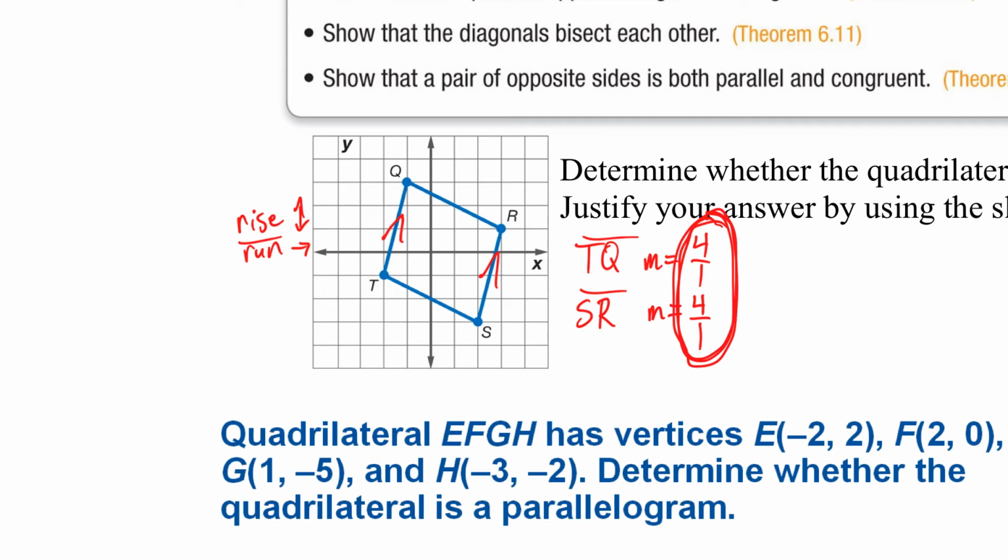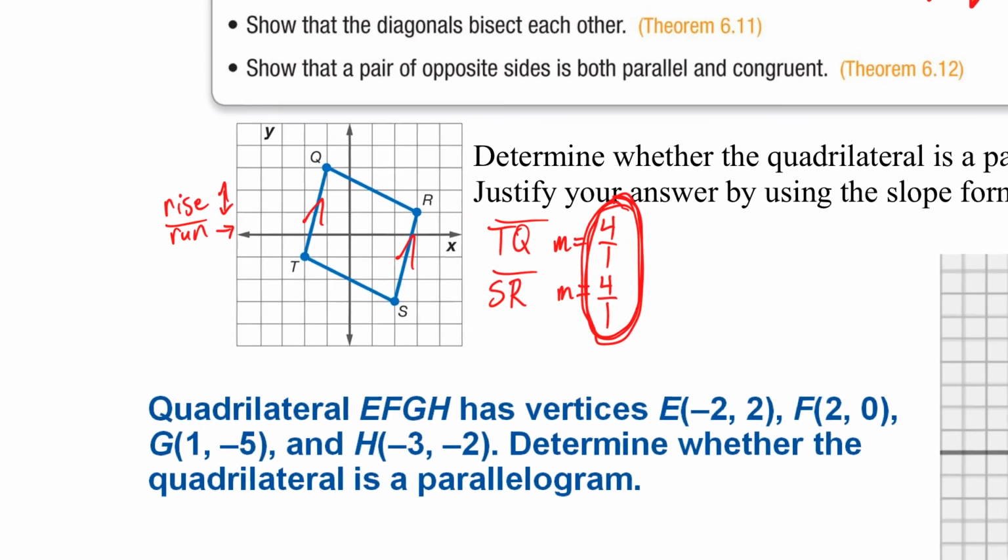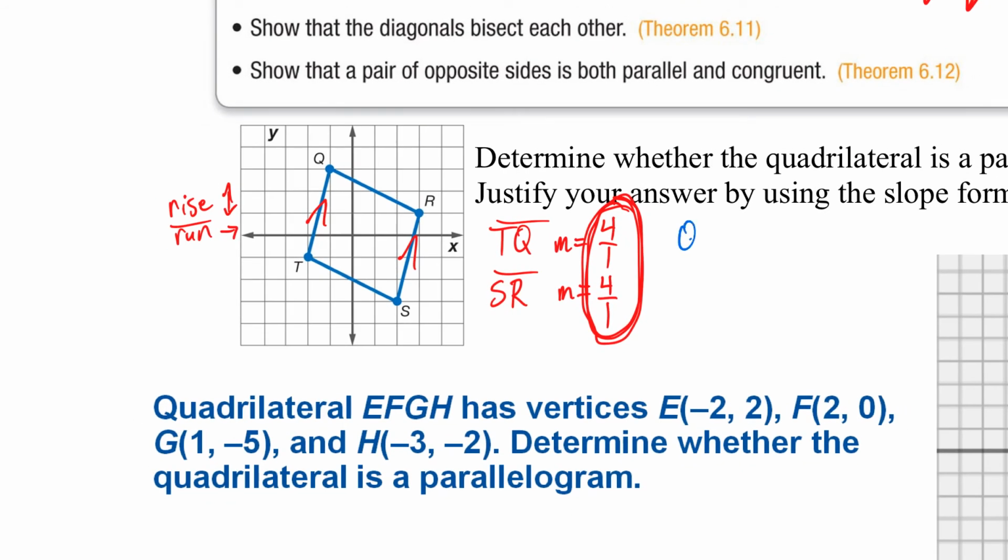Now, it's not good enough just to know those two; I have to know the other ones also. So let's check those. For QR, this side right here, the slope is -2/4, or -1/2. You go down 2, which is the top number, and then you go over 1, 2, 3, 4.